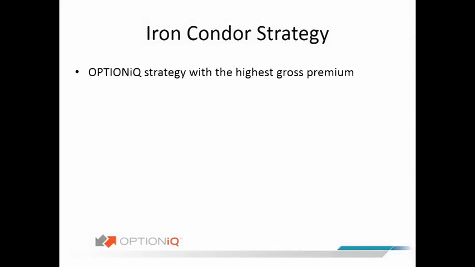As far as the iron condor strategy goes, when we're talking pros and cons, this strategy is the one with the highest gross premium. So if I'm going out and placing trades and I'm trying to target the highest net target profit, the iron condor happens to have the highest gross premiums, just based on the way it's set up. There's also a minimal chance for additional margin requirements.